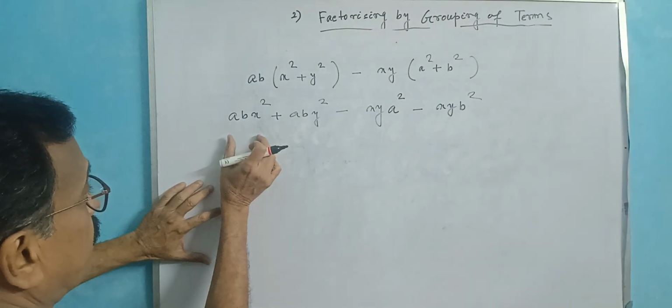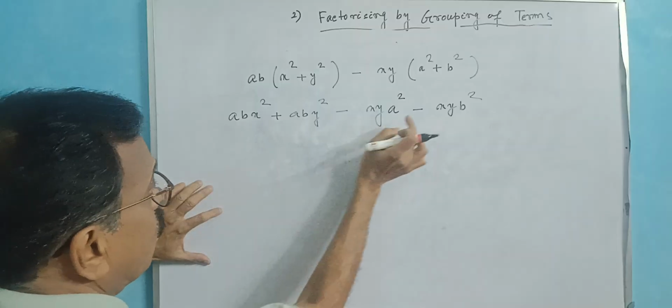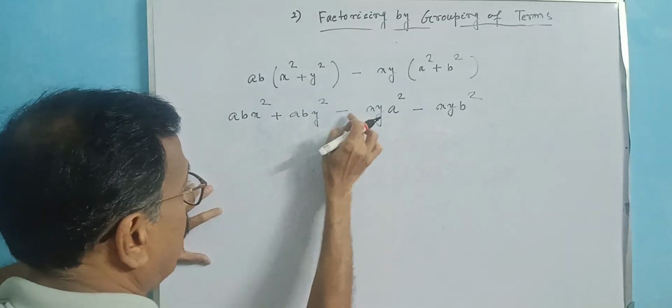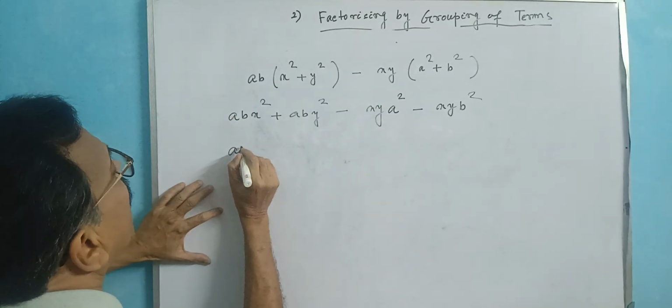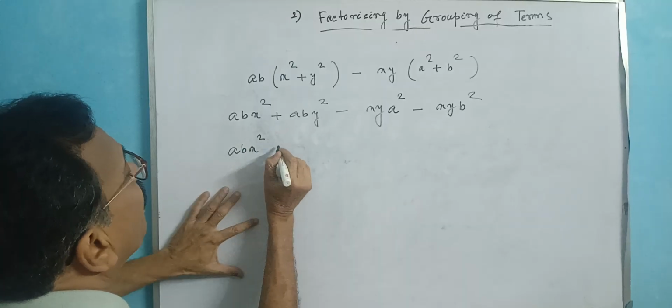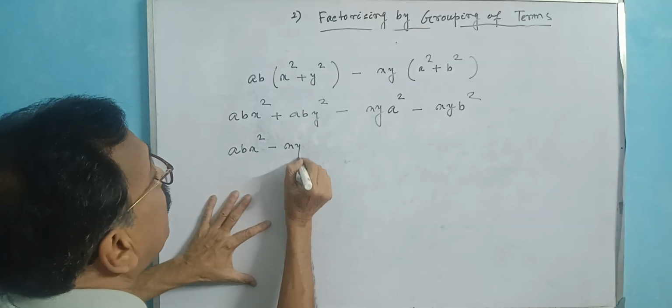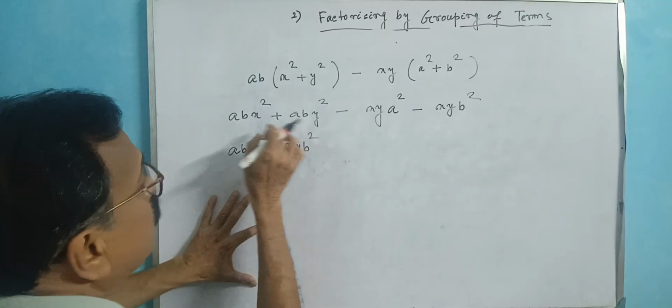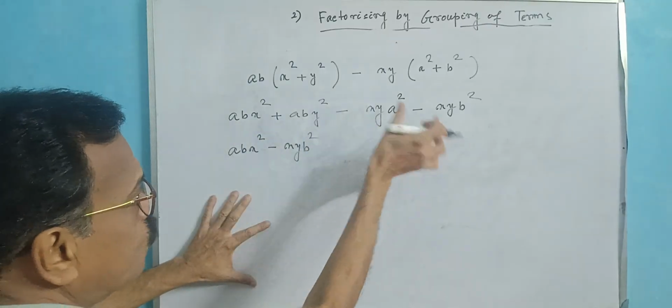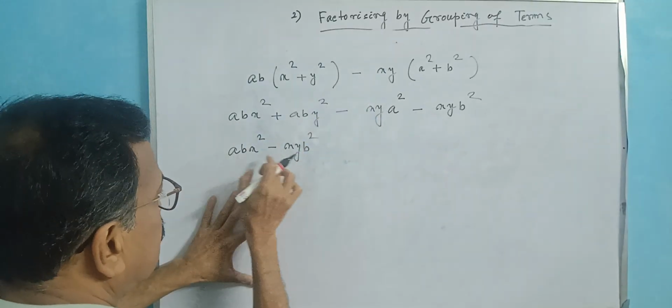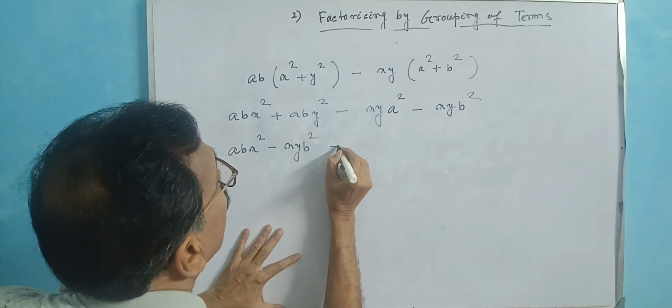So just grouping this and this. Suppose abx square and write it this way, xy b square. You take always 1 plus, 1 minus, and now 1 plus, 1 minus.